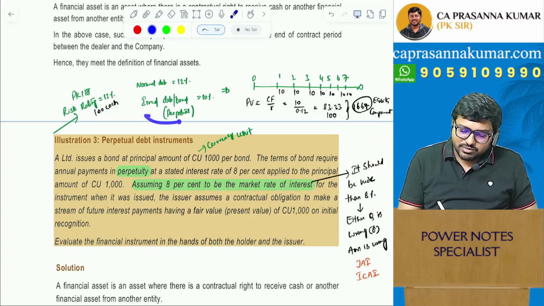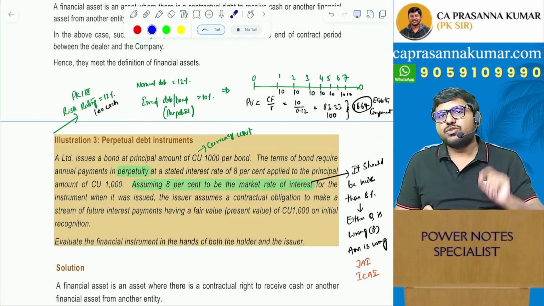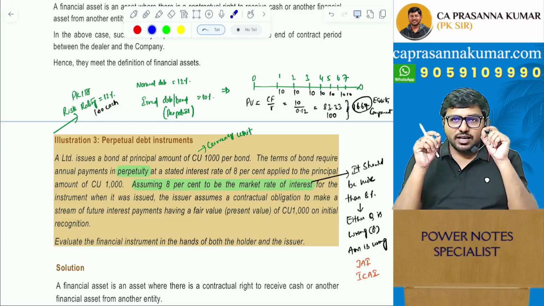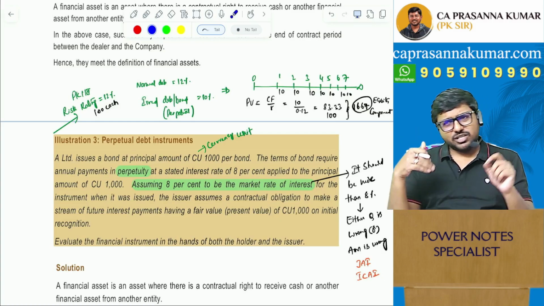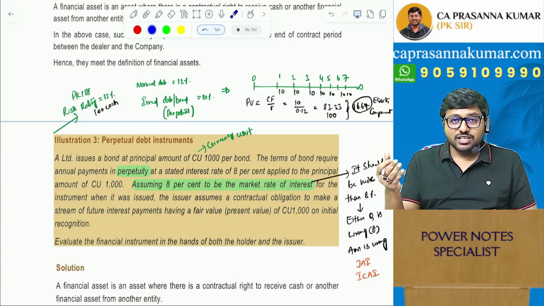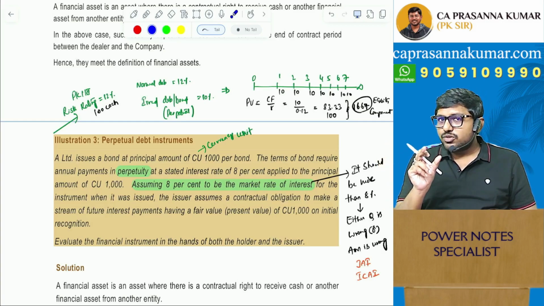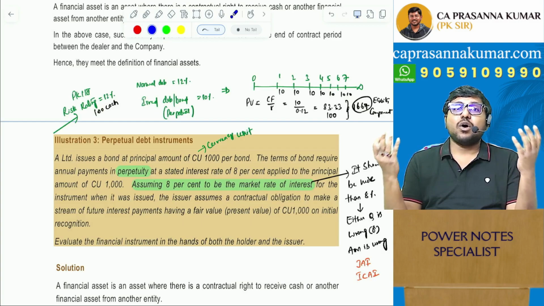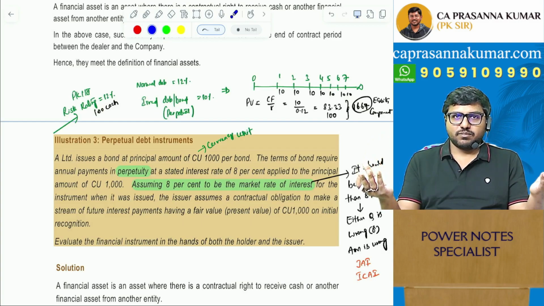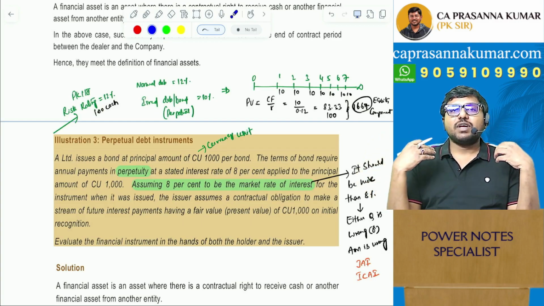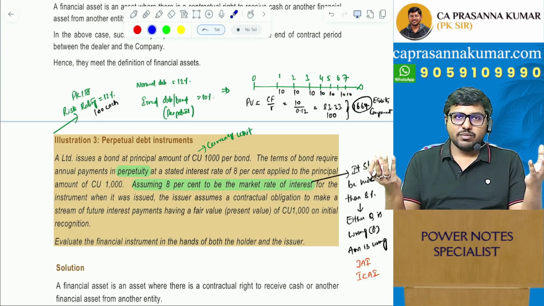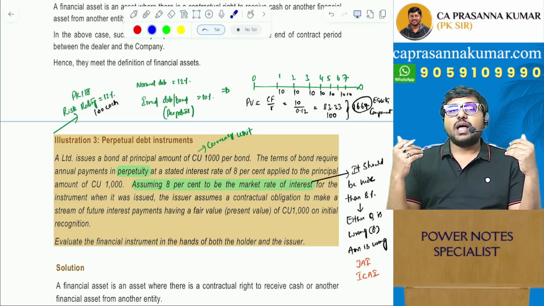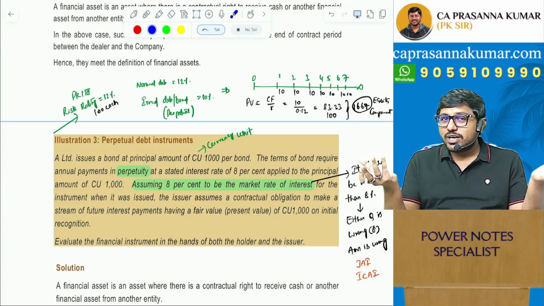But when it comes to irredeemable debentures or bonds, or perpetual debentures or bonds, the interest payment that you pay every single year is a financial liability because it's a contractual obligation on your part to pay cash. However, when it comes to redemption, you don't have any obligation to redeem. When you don't have an obligation to redeem, when will you redeem?